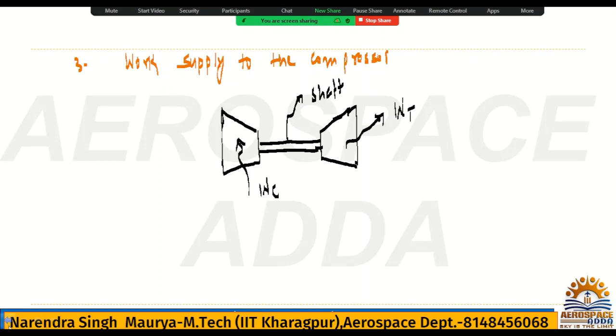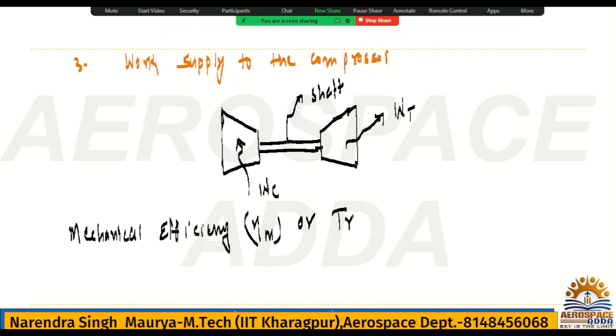Okay, so we have the mechanical efficiency. It is denoted by eta m, or sometimes it is given as transmission efficiency.